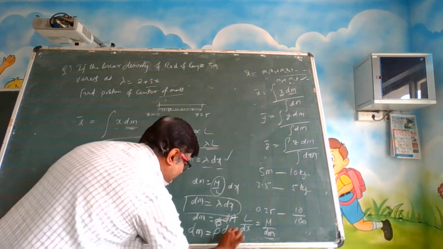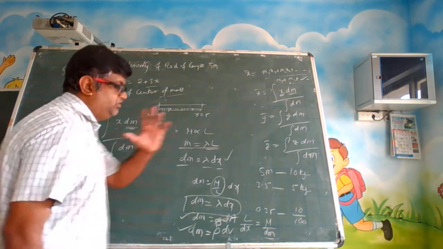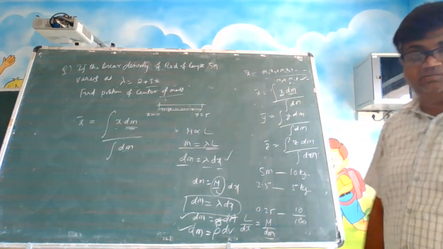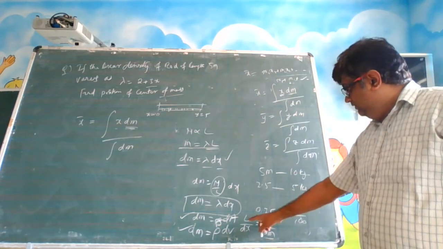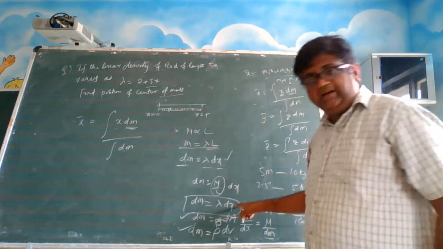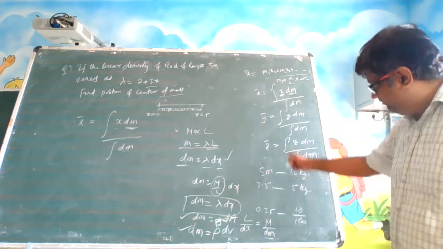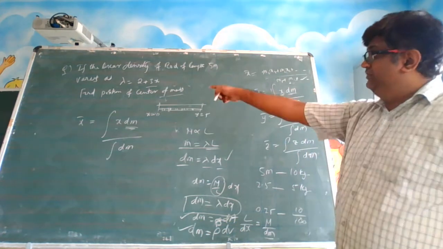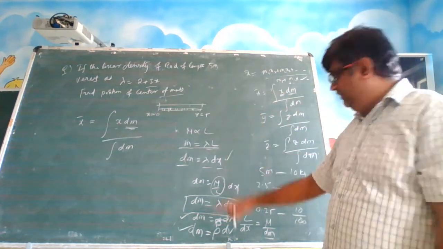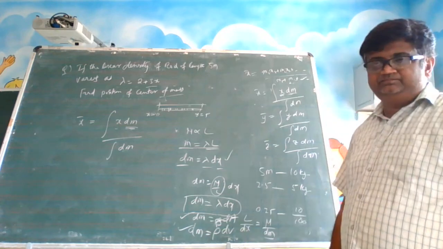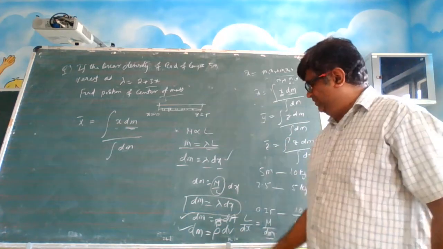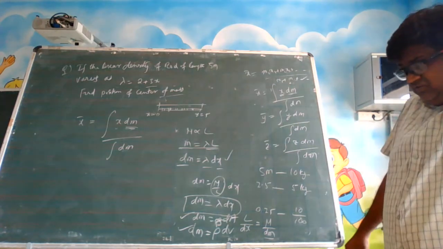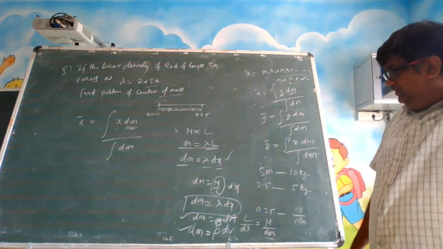These three you should understand very clearly. That is the concept involved in this. So dm is equal to lambda dx, how it has come I have explained. If this question was area related, it would have been sigma dA. If volume related, dm is equal to rho dV. V is volume, A is area, and dx is the length part.